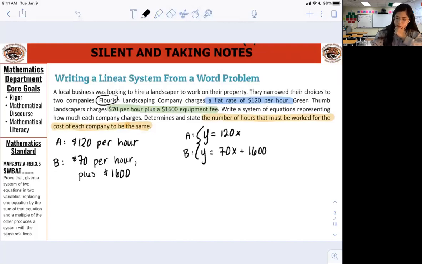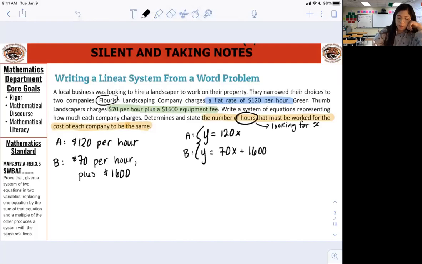Yeah, hours is x. So we are looking for x. We want to know what x equals. Okay, I have these two equations. Should I use elimination or maybe substitution instead? Substitution is easier, yeah.